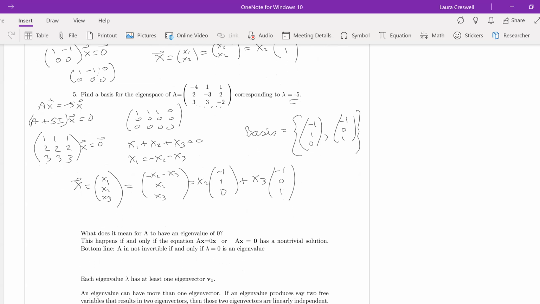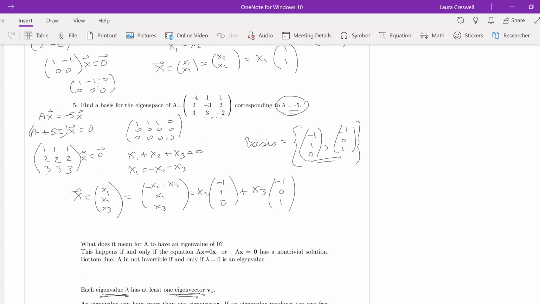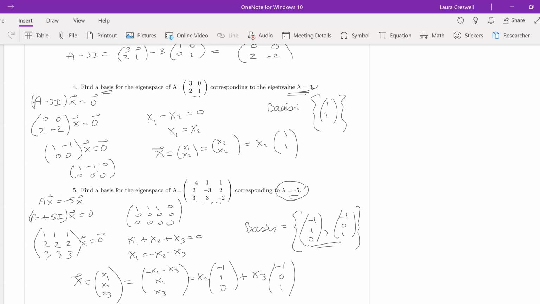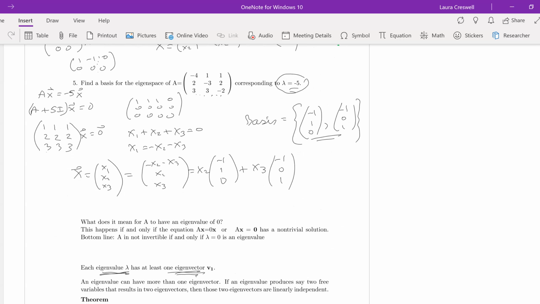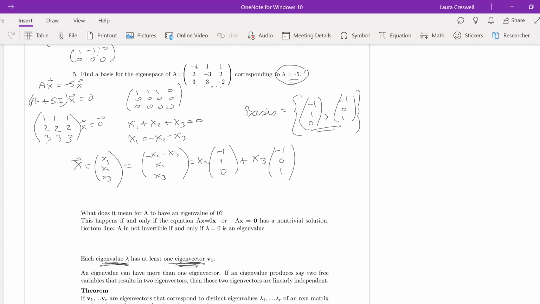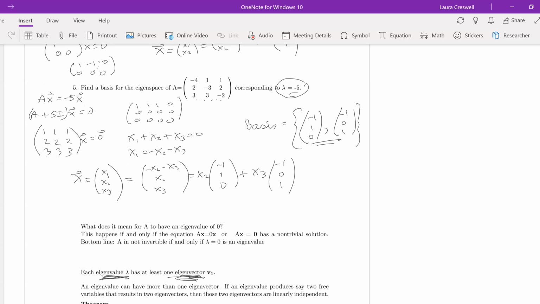So let's talk about this. Hold on, I'm going to go back to this. Every eigenvalue has at least one eigenvector. This eigenvalue of negative 5 gave me 2 eigenvectors, and that was at least one. This eigenvalue of 3 gave me 1 eigenvector. So every eigenvalue has at least one eigenvector, and it can have 2.